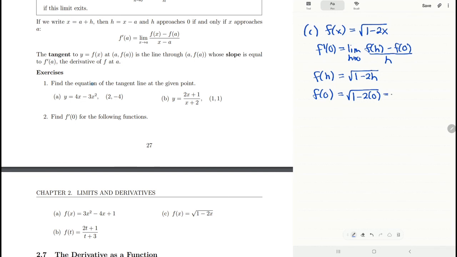So this will simplify to the root of 1, which is 1. So f prime of 0 is the limit as h goes to 0 of f of h, which is the root of 1 minus 2h, minus f of 0, which is 1, and that's all divided by h.